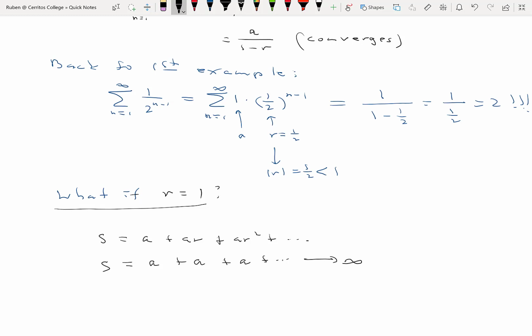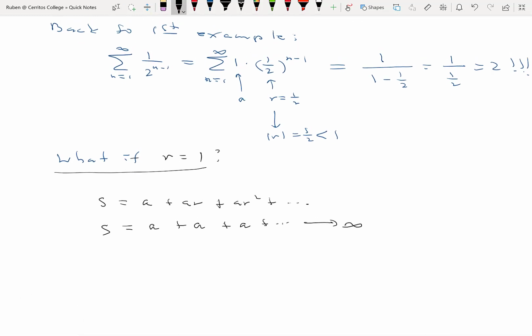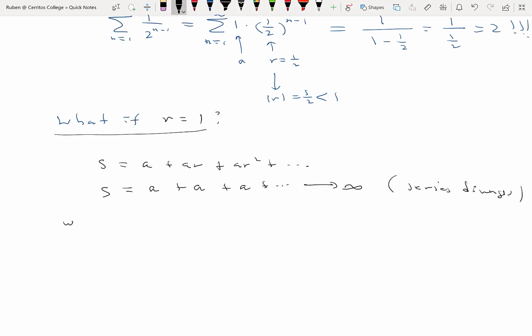What if R is more than 1? If R was equal to 1, the series diverged. What if R equals 2? Sum of the pizzas in your stomach. A pizza, say A equals 1.